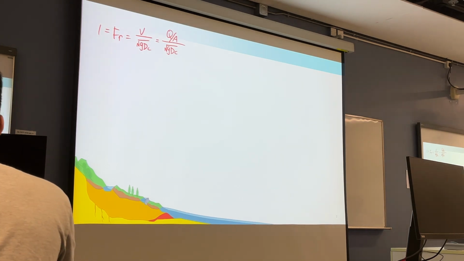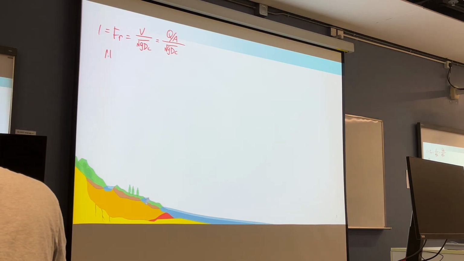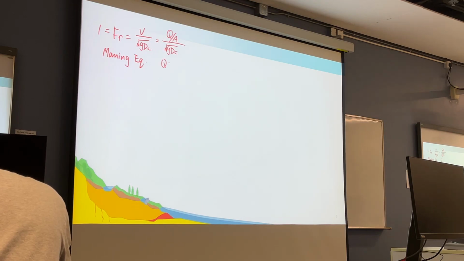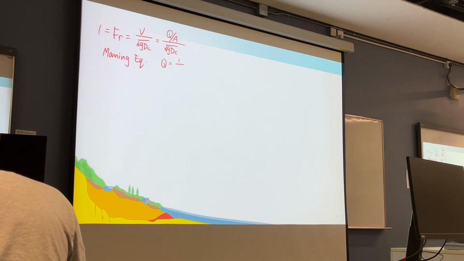the normal depth, Yn. The normal depth is calculated by, you can solve from many equations. The equation is Q equal to, if using the SI unit, 1 over n, A R^(2/3) S_0^(1/2).